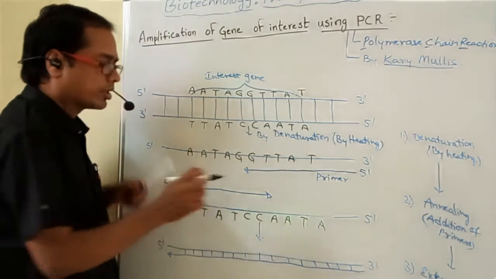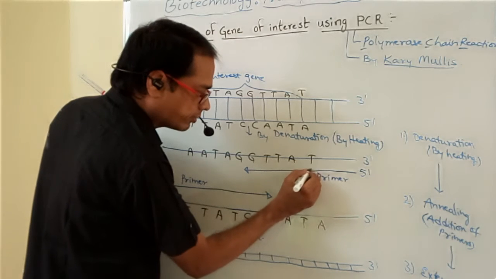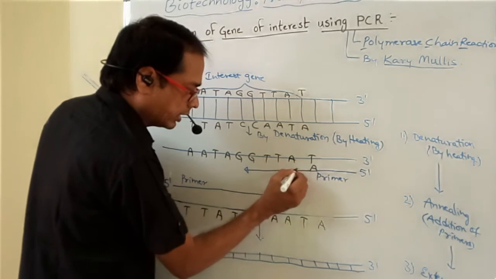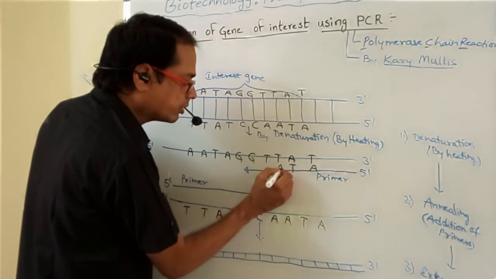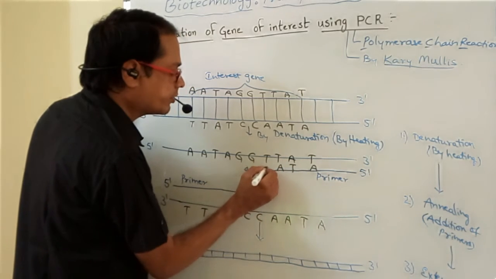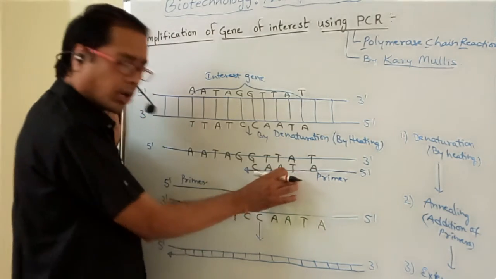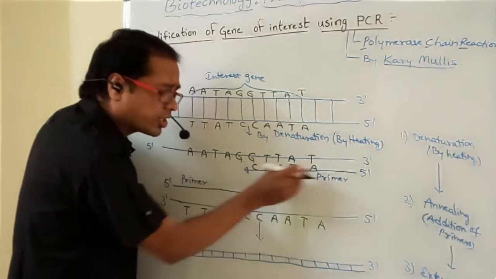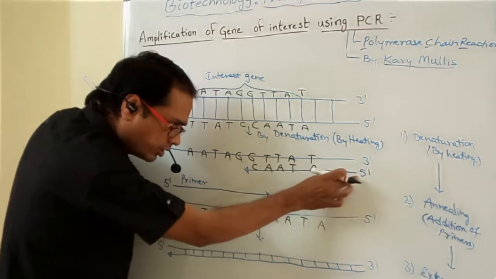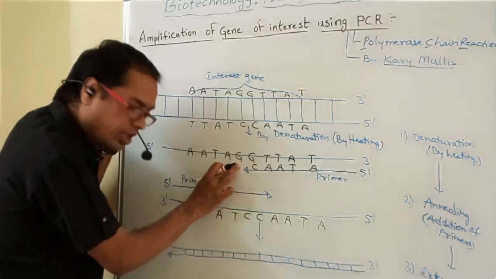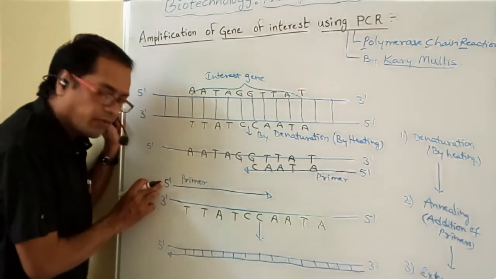See my dear students, this is the primer now. T pairs with A, T pairs with adenine, G pairs with cytosine. This is the primer. Primer in which direction? 5 to 3. At 5 end A is present. This is the primer, and this will be the 3 end. And here also, this is the 5 end.